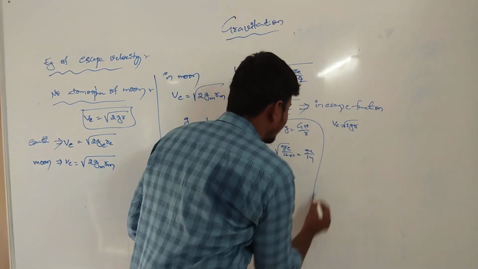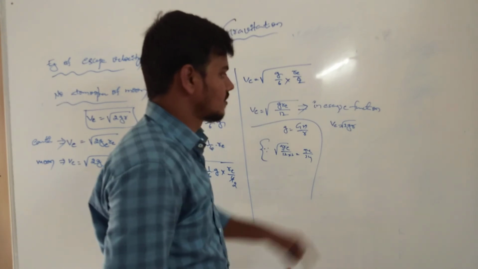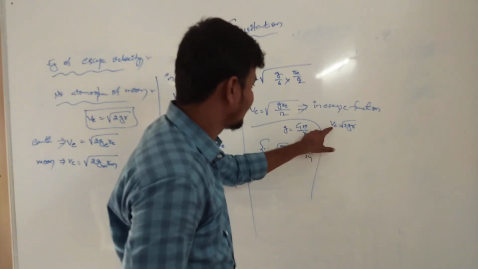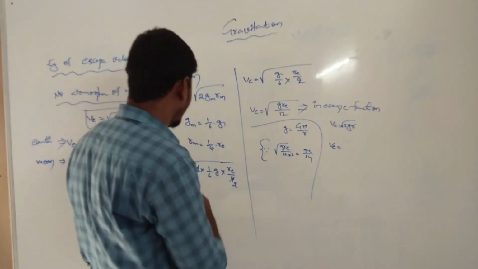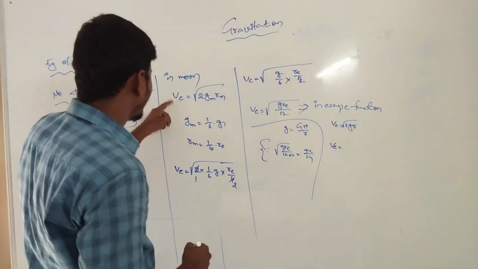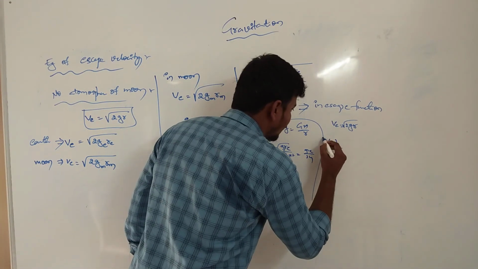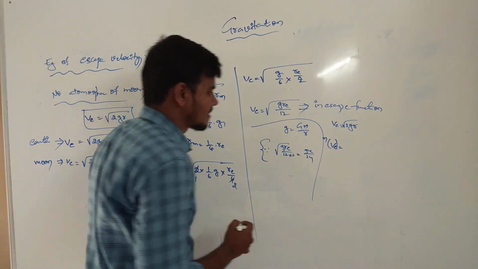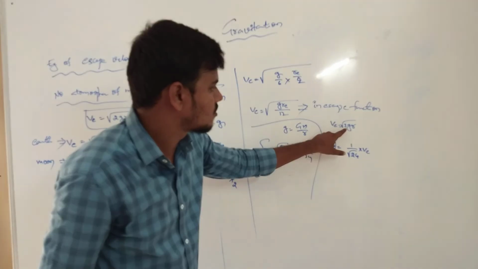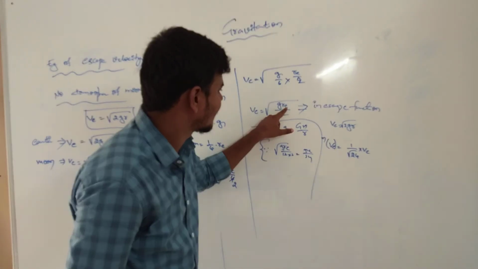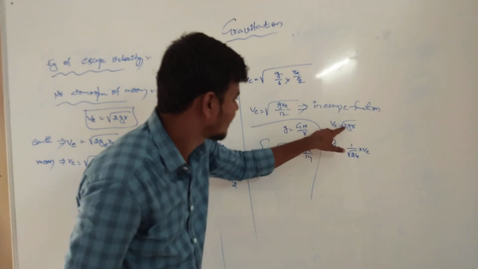In every case of this position, VE is equal to the square root of GR. For example, VM is equal to, M being the moon property, in every moon function, VE is equal to 1 by square root of 24 into V. Clear? Now V is equal to the square root of 2GR, the earth surface function.